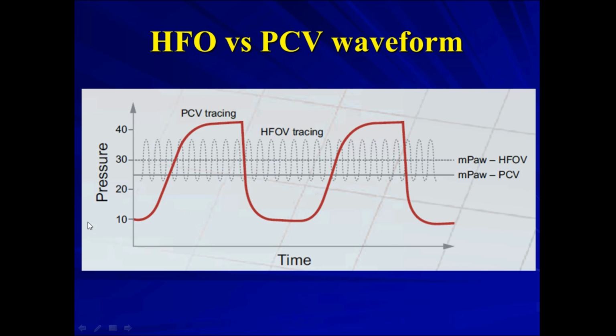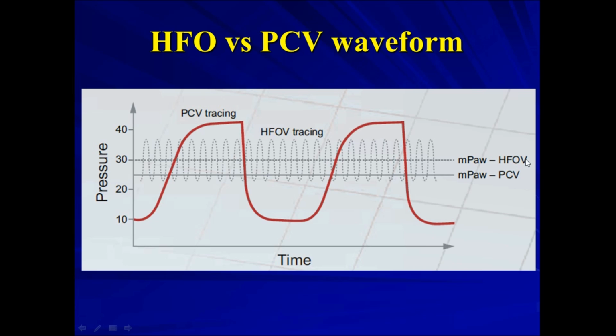This pressure time waveform compares conventional pressure control ventilation with the high frequency waveform. You see here we start with the PEEP of 10. During inspiration we go up to the maximum inspiratory pressure, which is the plateau pressure, then back to the PEEP level, again to the plateau pressure, then to the PEEP level. So the mean airway pressure is around 25.